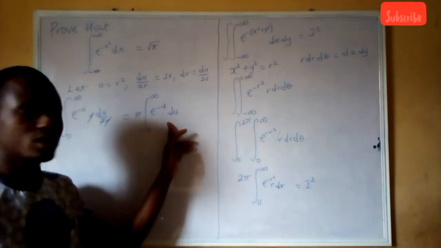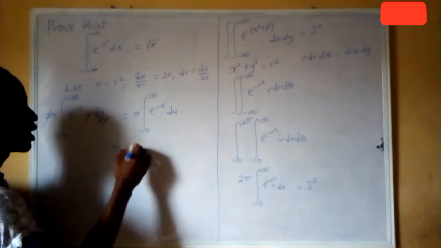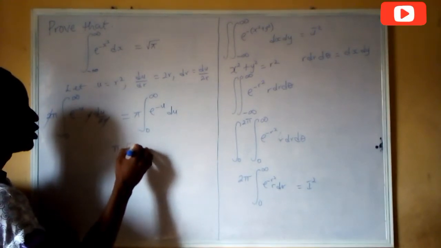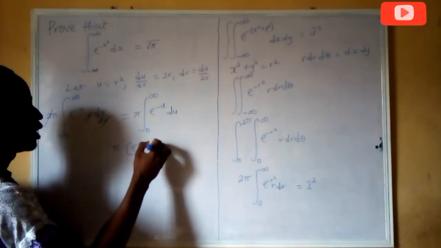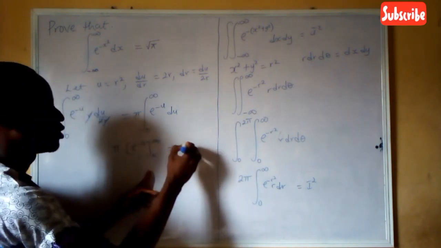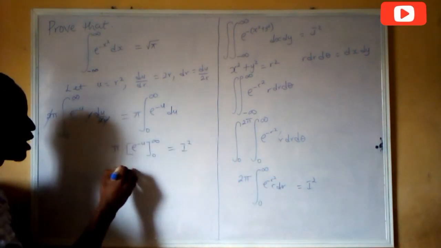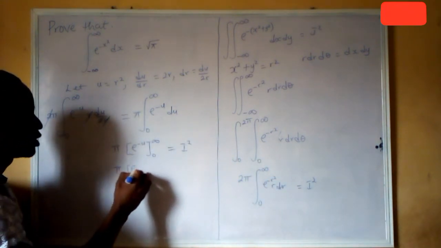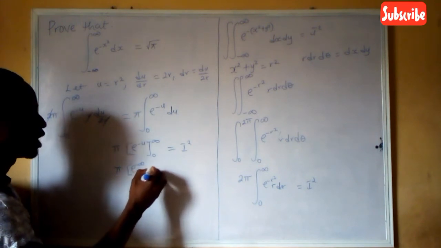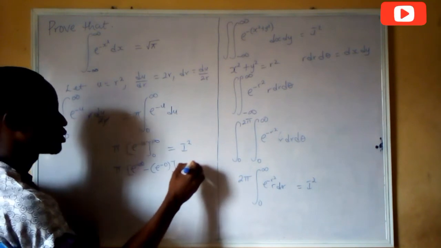Evaluating this is very simple. We have pi times the bracket of e raised to the power minus u, from 0 to infinity, all equal to I squared, as we have been showing. So now we have pi times e raised to the power minus infinity minus e raised to the power minus 0, all equal to I squared.